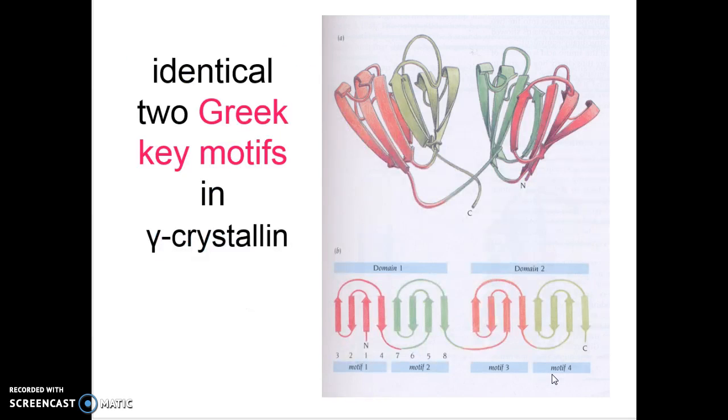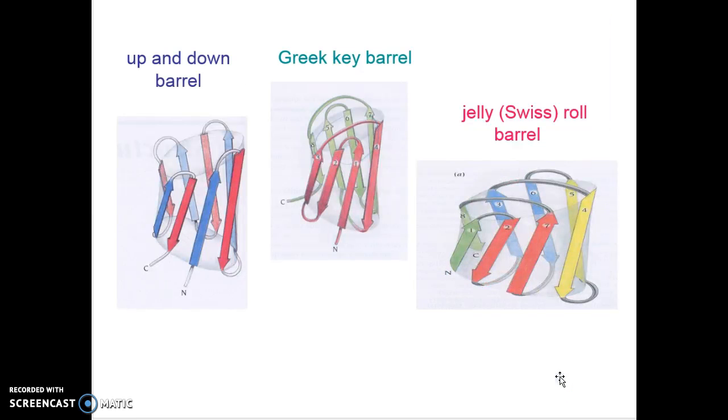But some cases do include only a single Greek key barrel, Greek key motif. In this slide, just try to compare three types: up and down barrel, Greek key barrel, and lastly jelly roll barrel.